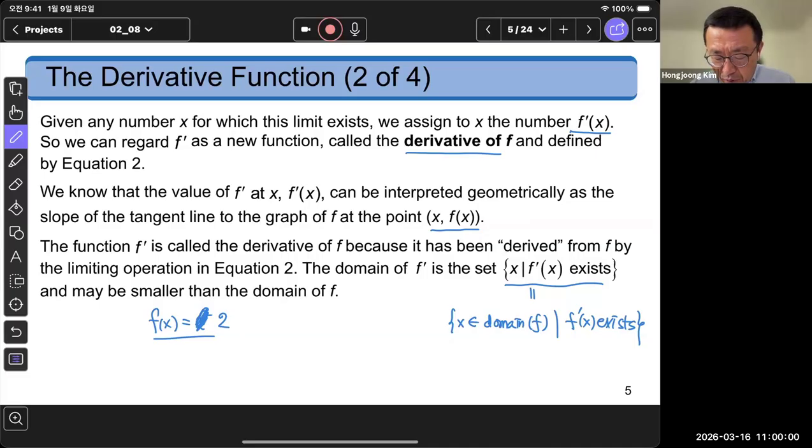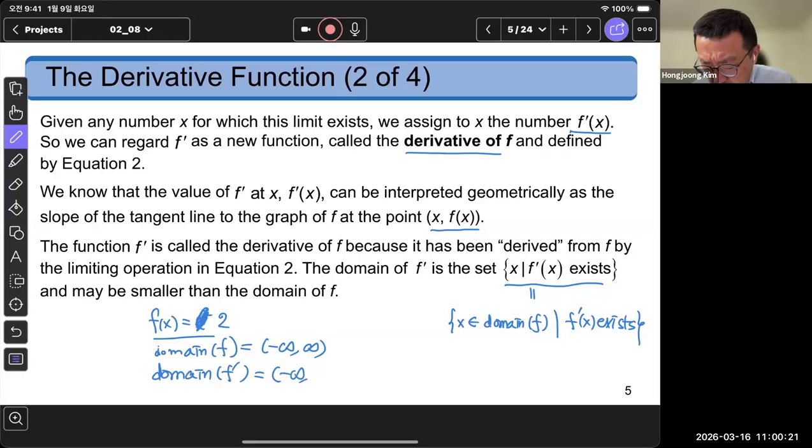So in that case, the domain of f will be the whole real line from negative infinity to positive infinity. Then the domain of f prime will be the same in that case. Okay? So that is an example of the domain of f prime.